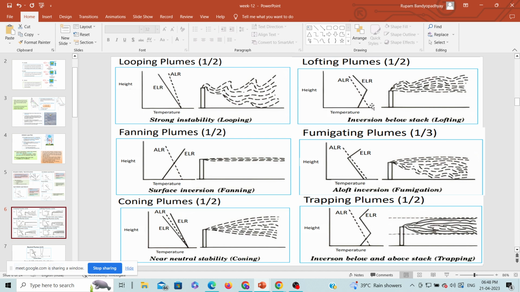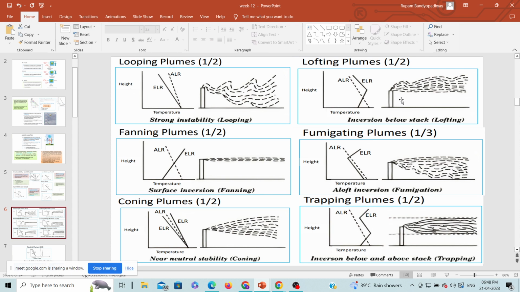Lofting plume is inversion below and any other condition above, either super adiabatic or sub-adiabatic. This is the ideal condition, and in this case no ground level concentration will be observed. Okay, and next is fumigating plume.